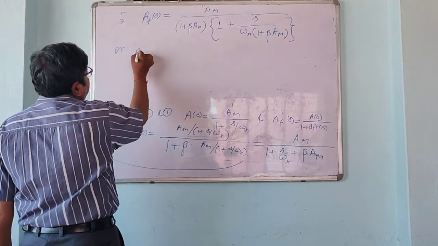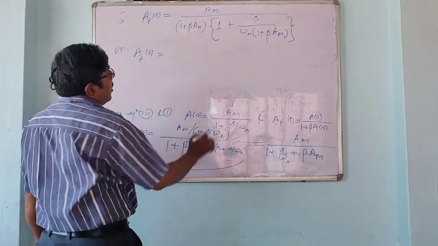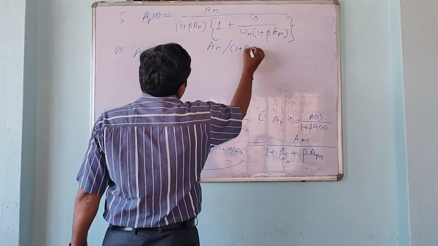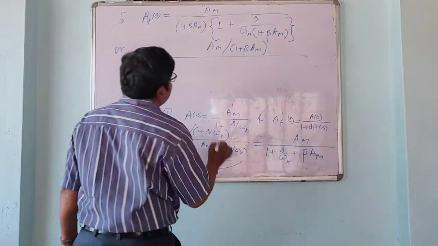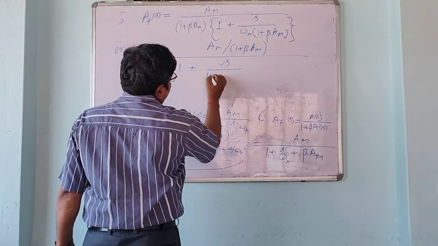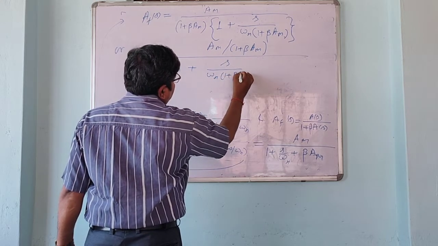Or we can write also AM divided by 1 plus beta AM, whole divided by 1 plus S upon omega H times 1 plus beta AM.